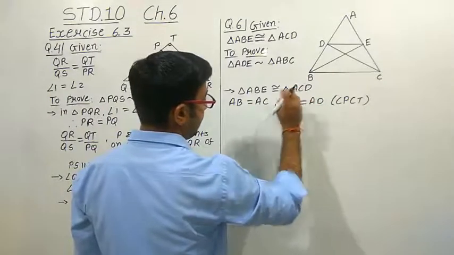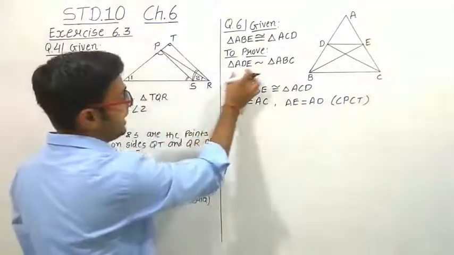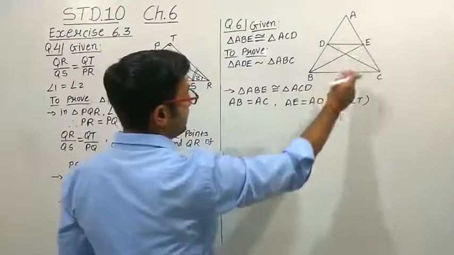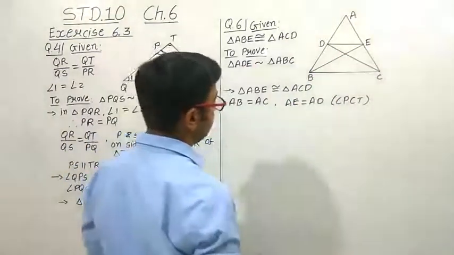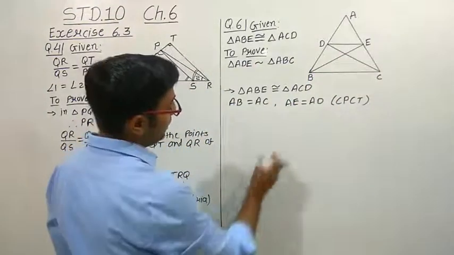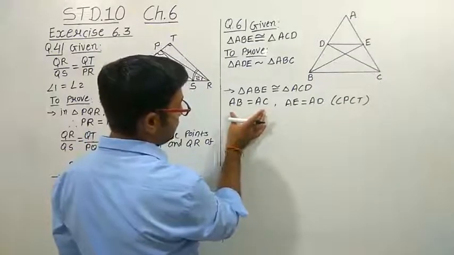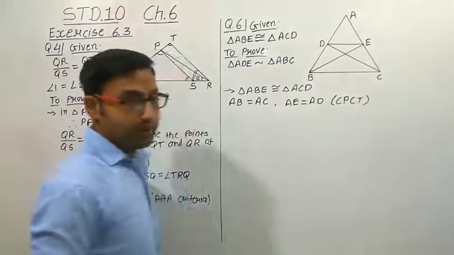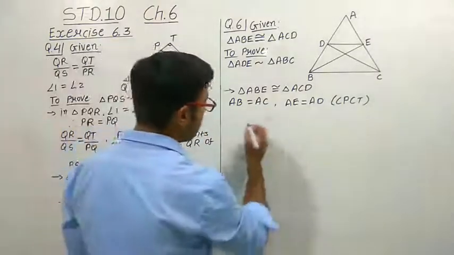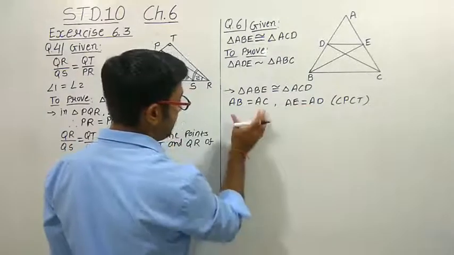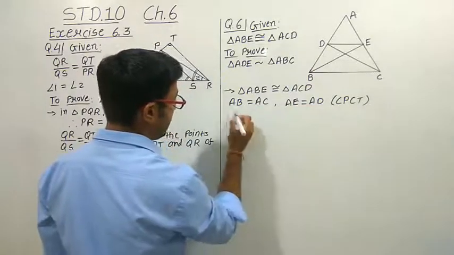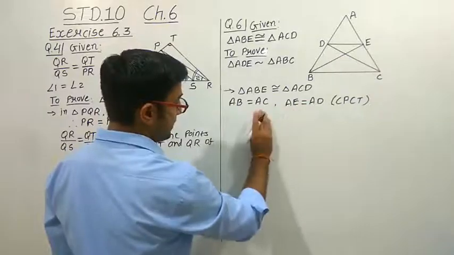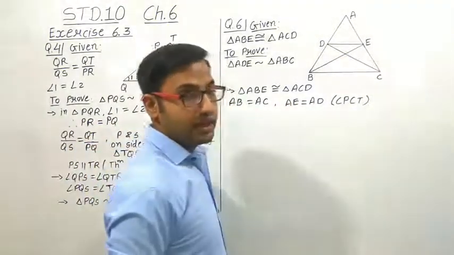Now what we can do here, see, ADE is the smaller triangle and ABC is the greater triangle. So if we divide this equation by this equation, what will happen? We can take left hand side divided by the left hand side, and right hand side divided by the right hand side.